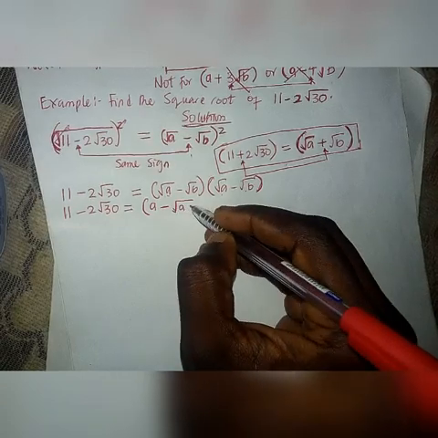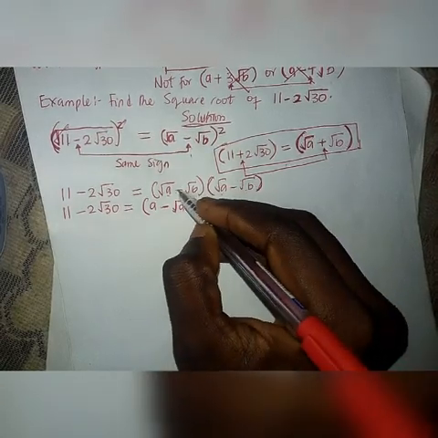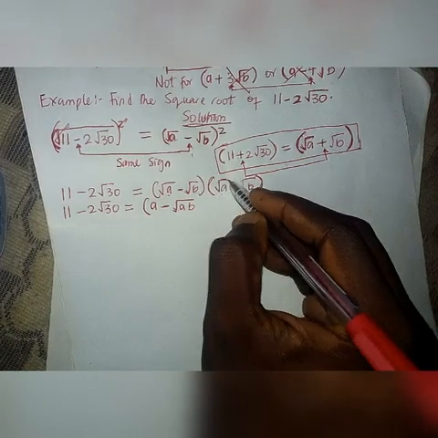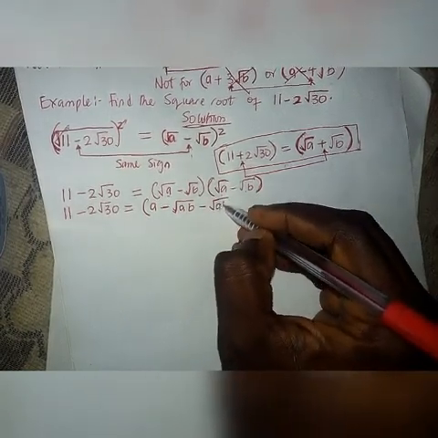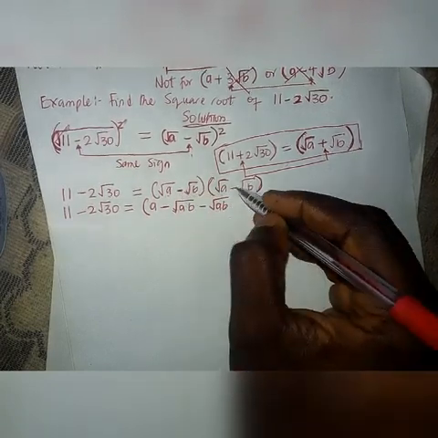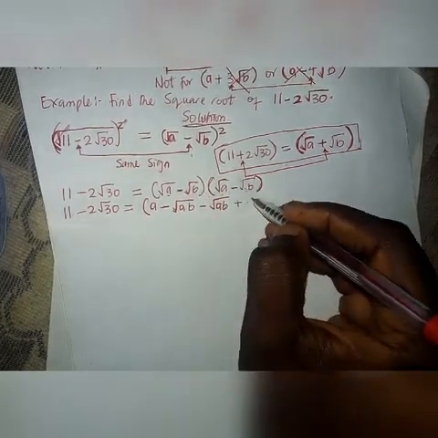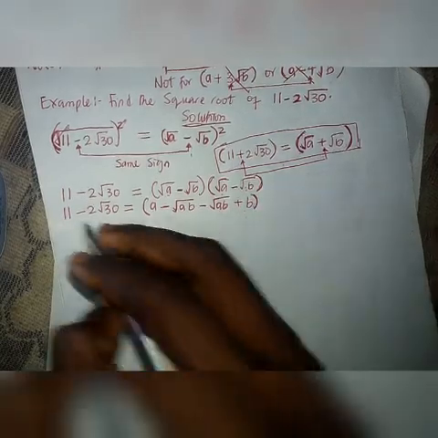Minus surd B times surd A is minus surd AB again. Minus times minus is plus, surd B times surd B is B.